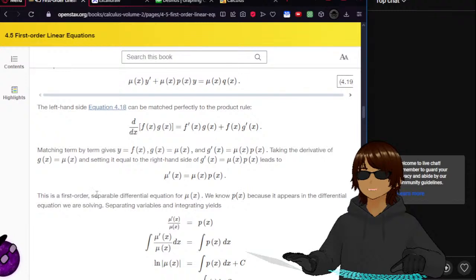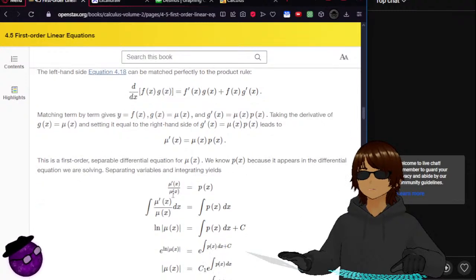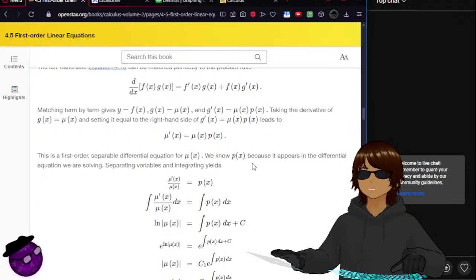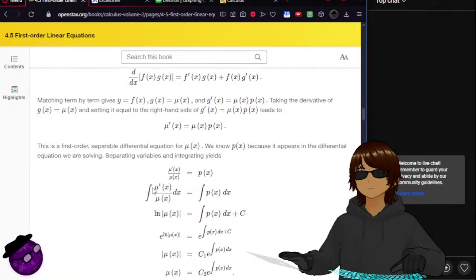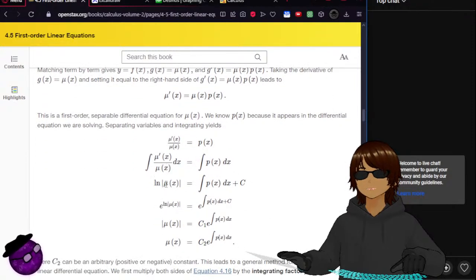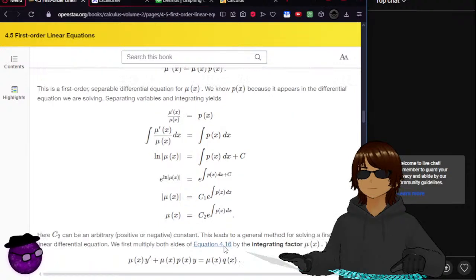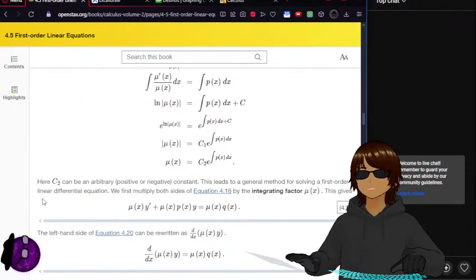This is a first order separable differential equation for u(x). We know p(x) because it appears in the differential equation we are solving. Separating variables and integrating yields this: ln of u(x). Here C2 can be an arbitrary constant.